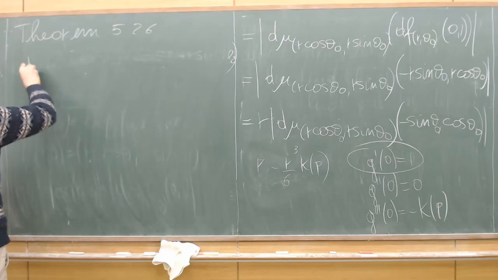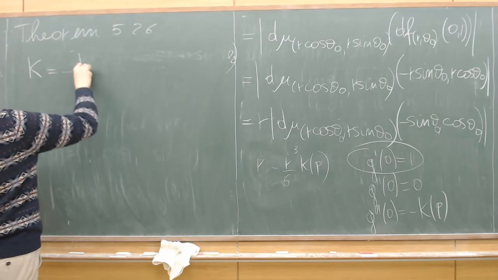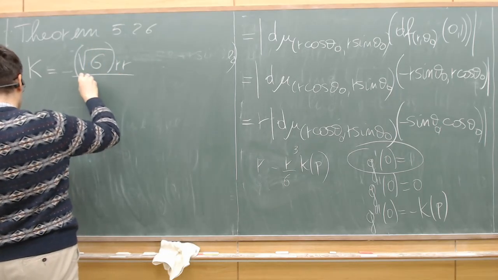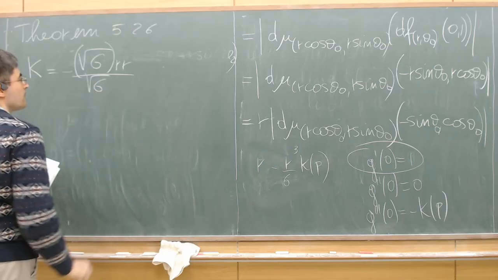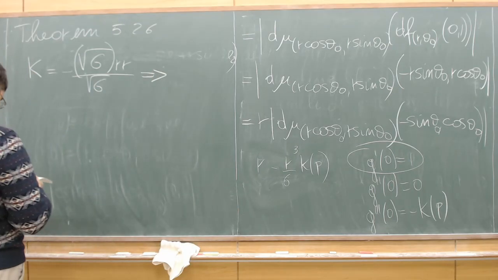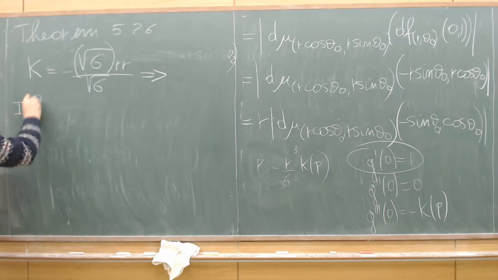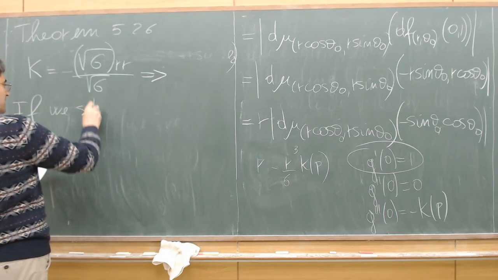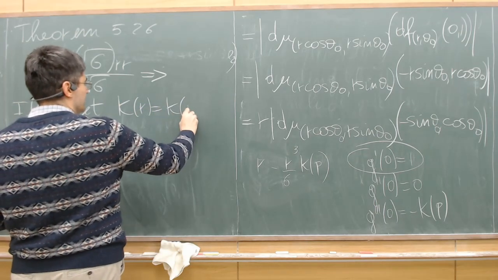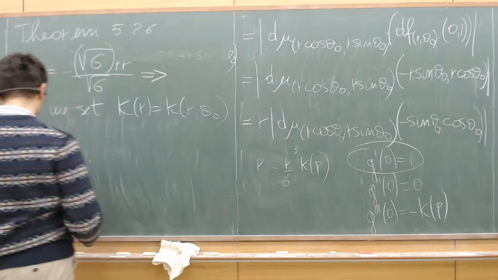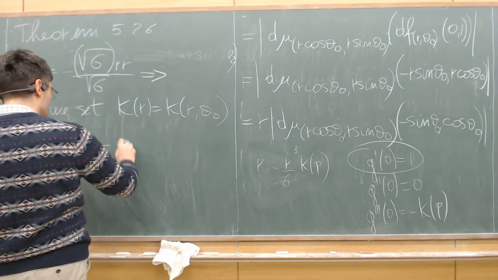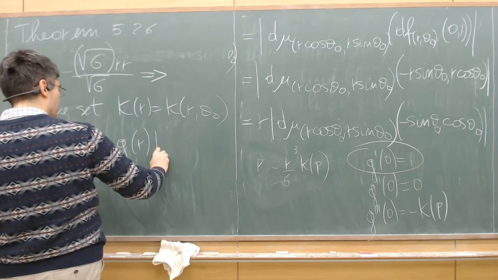That is this formula here, k equals minus the second derivative of square root of g divided by square root of g. This implies that if we set k of r equal k of r theta 0, g second of r is minus g of r k of r.